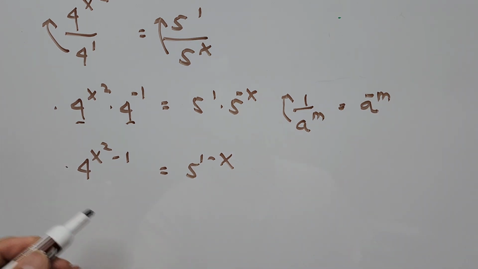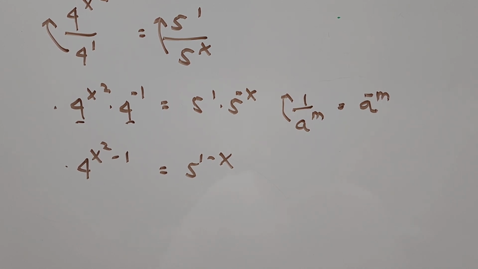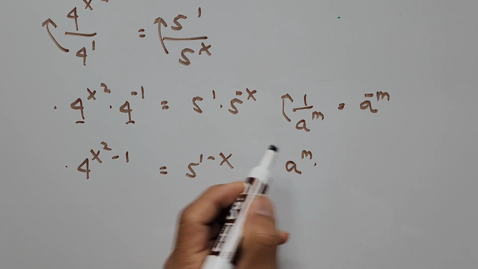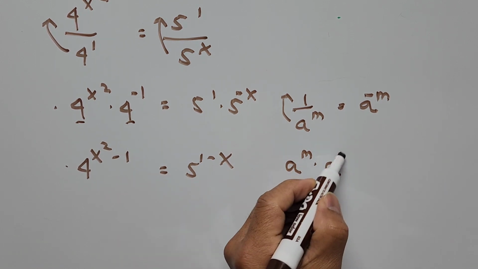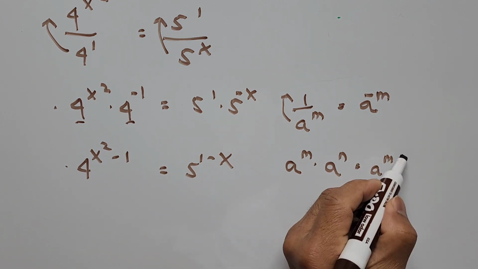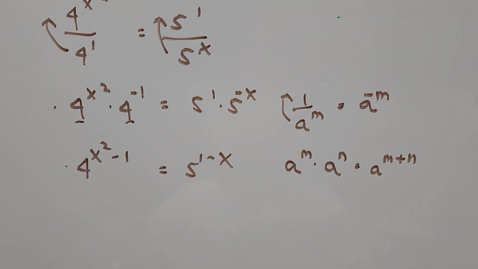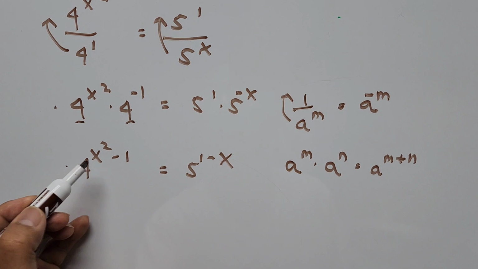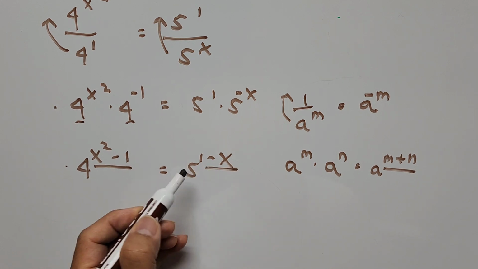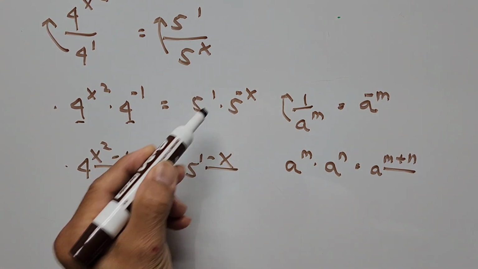And here we use the product rule for exponents: a raised to m times a raised to n is equal to a raised to m plus n. So we added the exponents, and we also did this on the right-hand side of the equation.